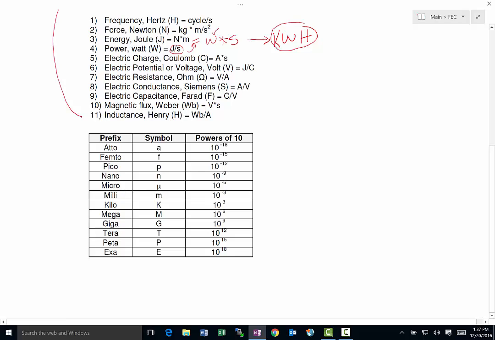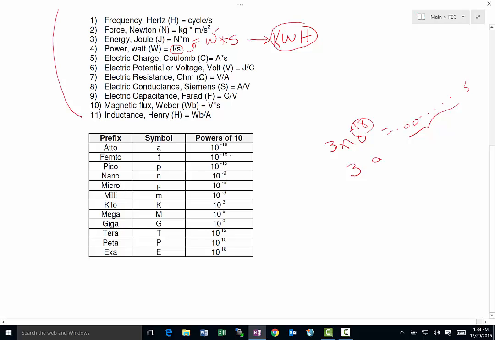For example, it's much easier to write 3 times 10 to the minus 18 instead of writing 0.000 and so on and maybe missing a zero. It's a lot easier to keep track of it this way. So instead of saying 3 times 10 to the minus 18, we might just call it 3 atto.